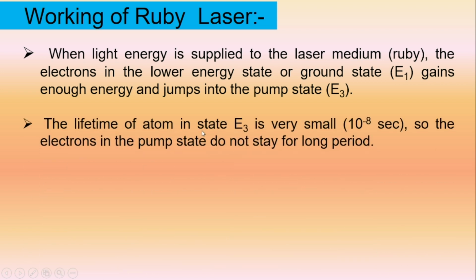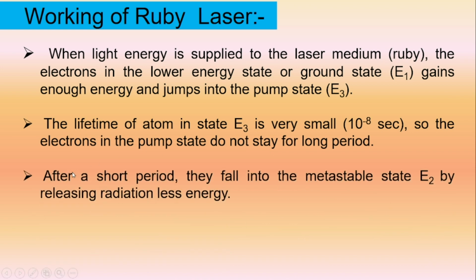The lifetime of an atom in state E3 is very small, on the order of 10 to the power minus 8 second. So the electrons in the pump state do not stay for a long period. After a short period, they fall into the metastable state E2 by releasing radiationless energy.